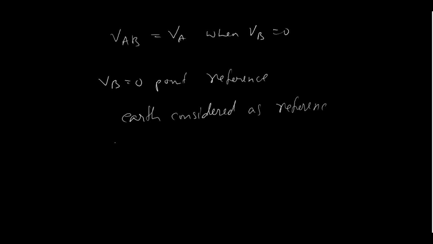So we make it a ground. The point at which it is 0 volt is called ground. So normally the reference point is the ground. That is why in circuits we see a ground representation, which represents that the potential at this point is considered 0 volt, and the other voltages are measured with respect to this point. As I said, we can consider any point as a reference point.